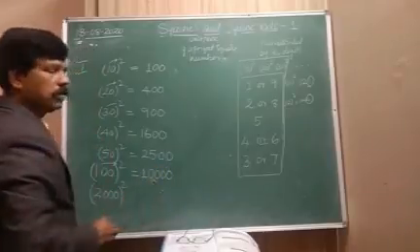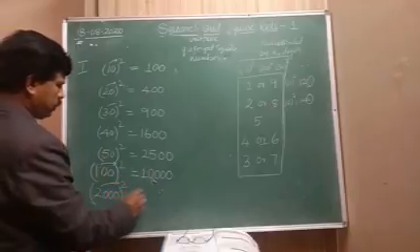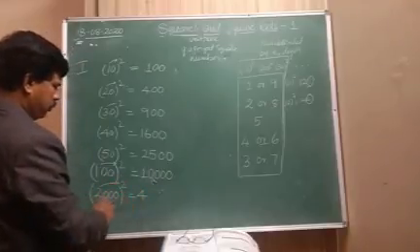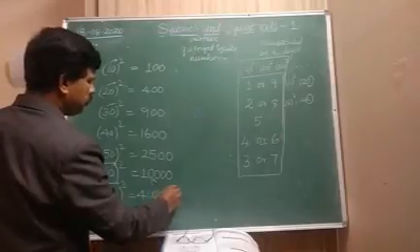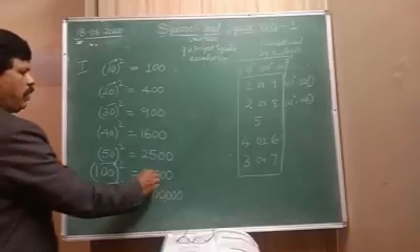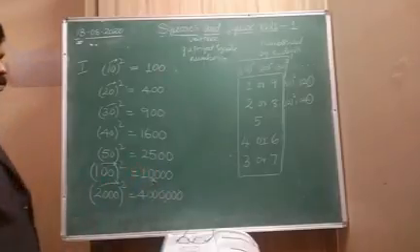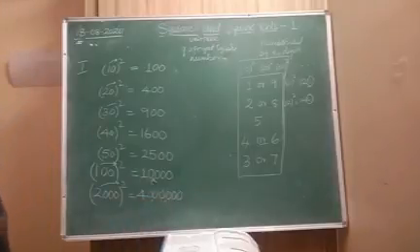Then here 2 square is 4. Then 3 0 becomes 6 zeros. So this is the way of writing the perfect square of a number ended by 0. Clear?